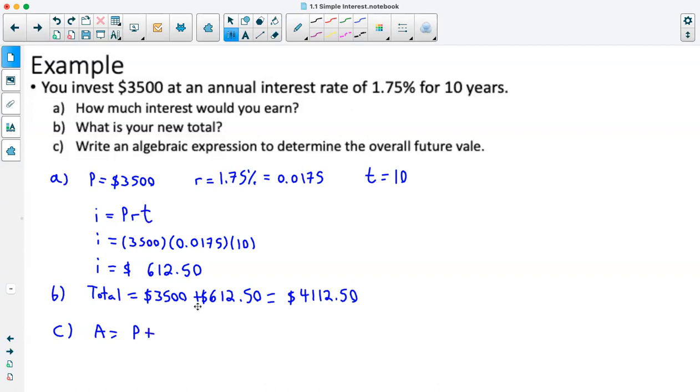So our amount is equal to our principal plus our interest earned, which we can simplify as A = P + PRT. And now we can see that we can actually factor P out of both these terms. So we have A = P(1 + RT). Now this is a formula that we'll use a fair amount in the practice work for this section.